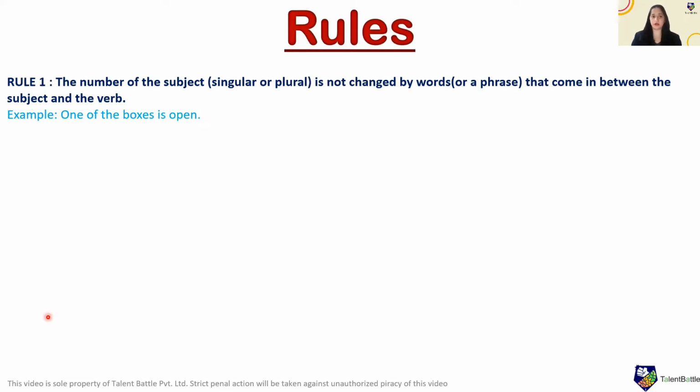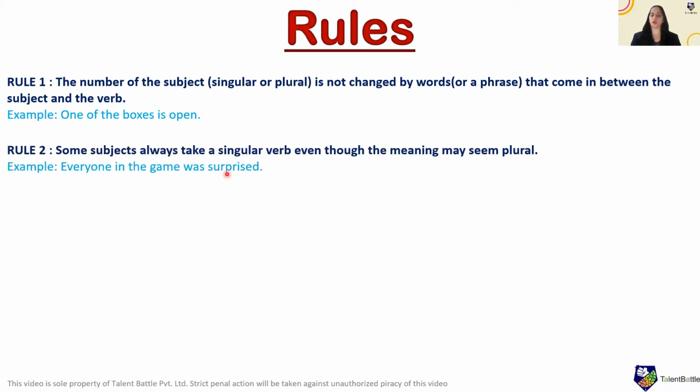Hence, the verb will not be plural, but singular. So, in one of the boxes, there is my present. We have used is here because we are not talking about boxes, but about that one box which contains your present. One of the boxes is open. There are 10 boxes in front of you, and among those 10 boxes, one box is open. So we are talking about that particular box. Hence, we are using the verb is.